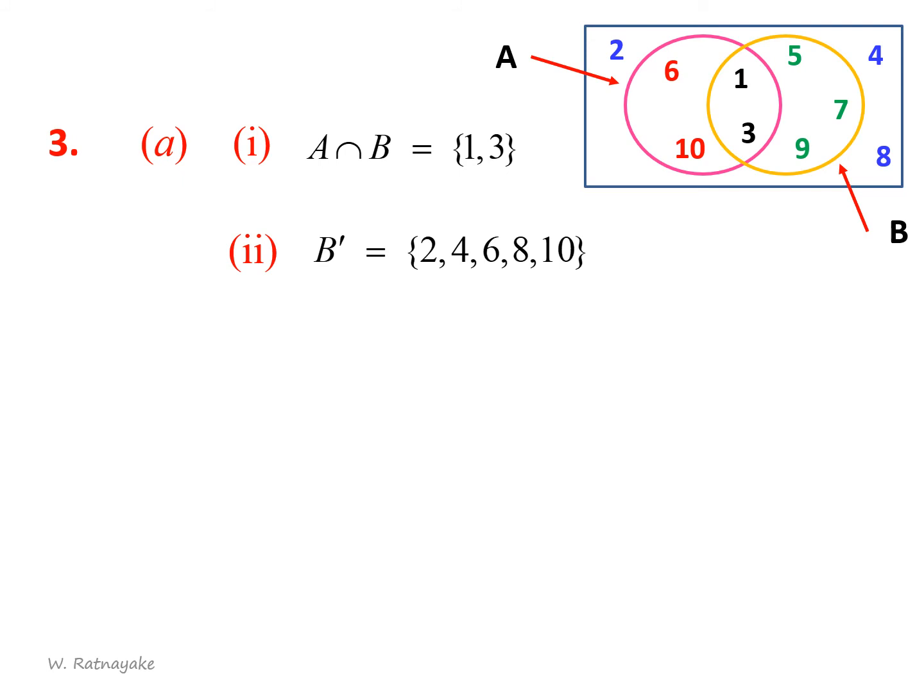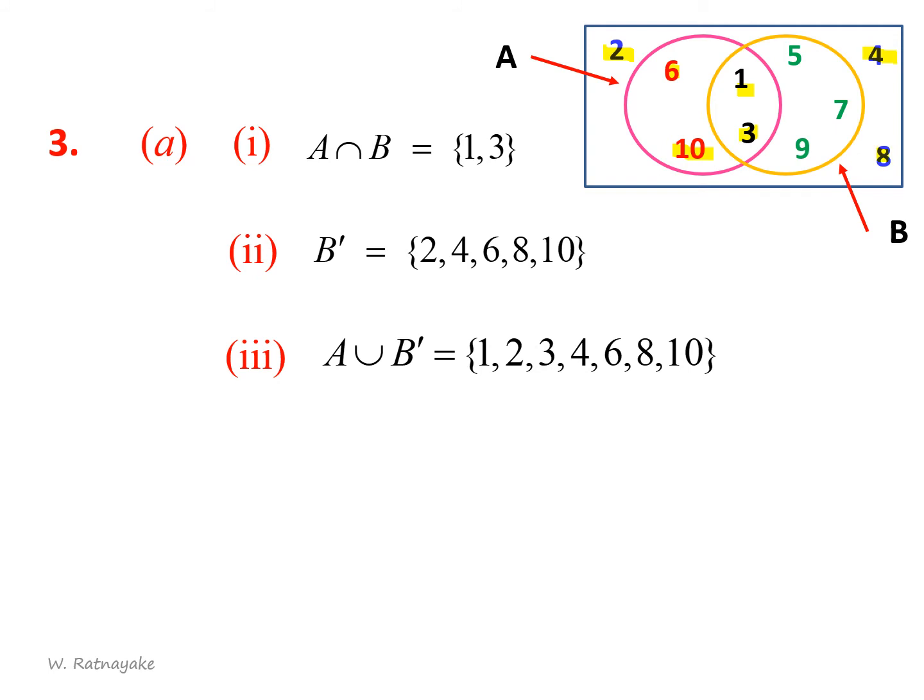Then part 3, A union complement of B. Union means all elements belonging to both sets. All elements in set A and all elements in the complement of B should be included. All elements of A means 1, 3, 6, 10, and complement of B is 2, 4, 6, 8, 10. These elements also should be included in the solution.